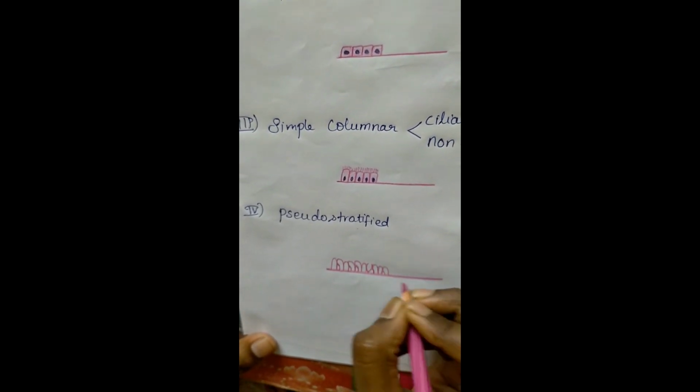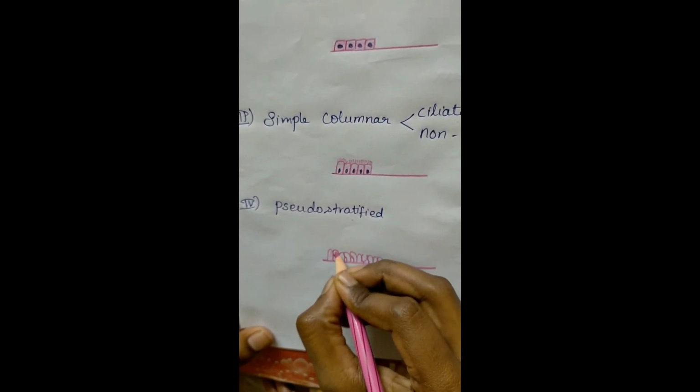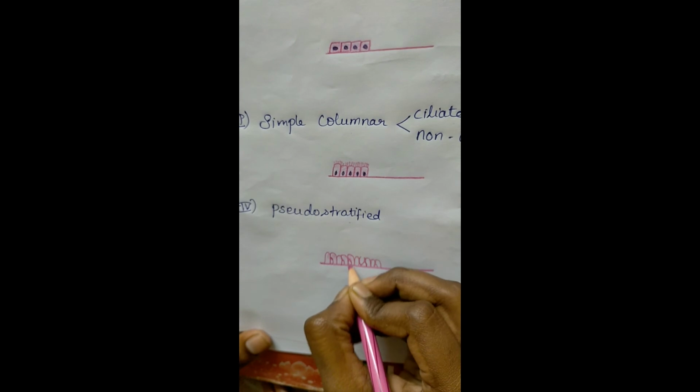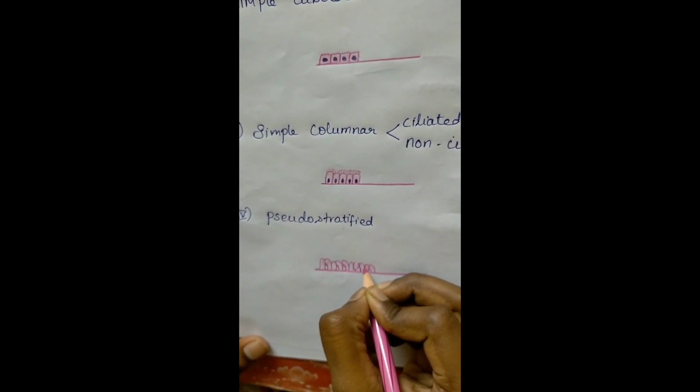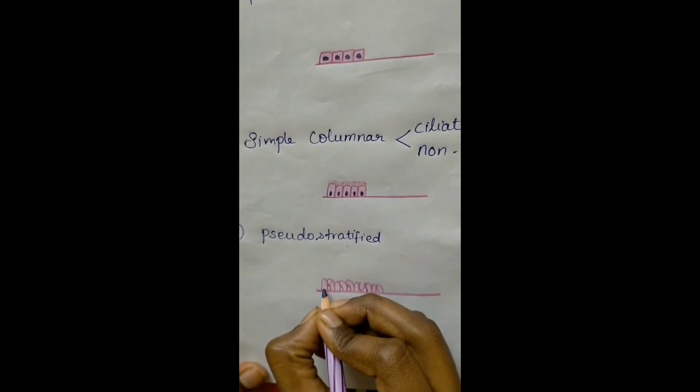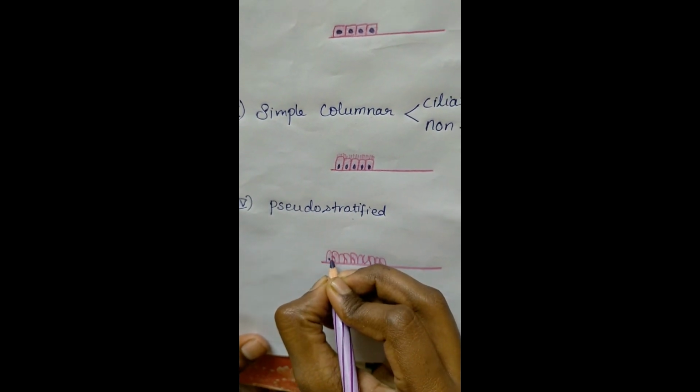Like this, okay? So you will shade them with the eosin for cytoplasm. And you will be having nucleus at different levels, okay?